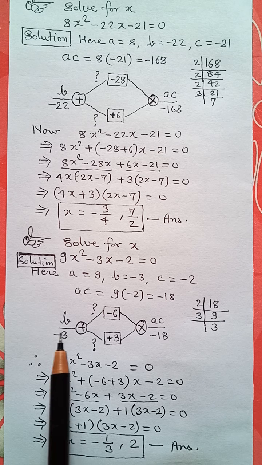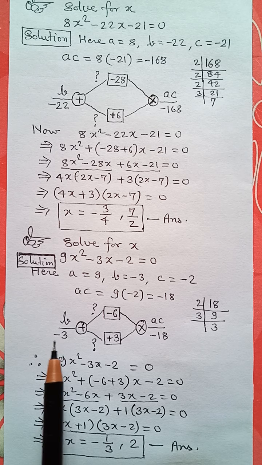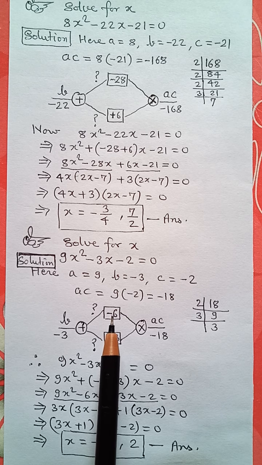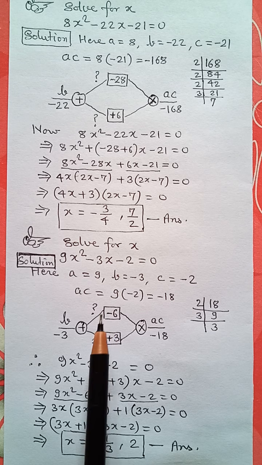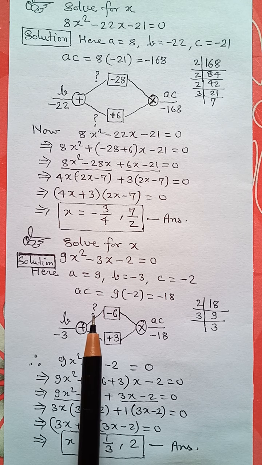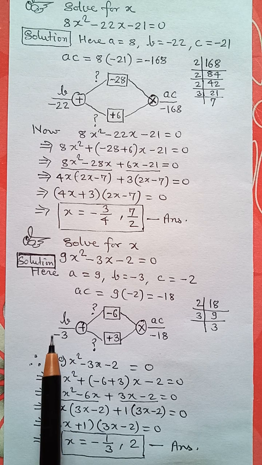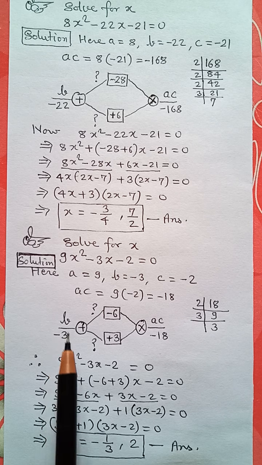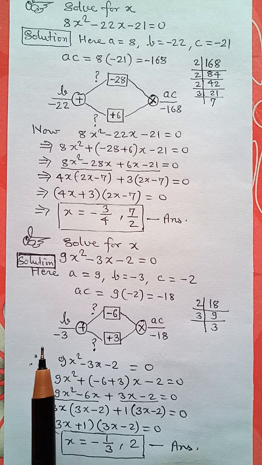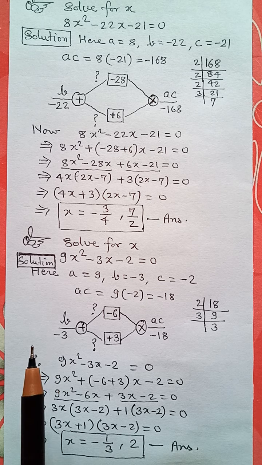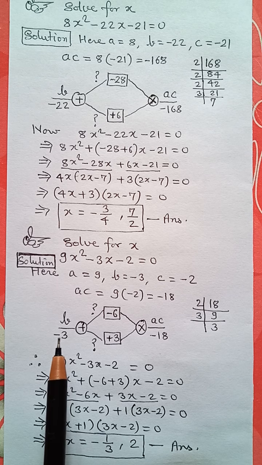Now here we see that this is a negative. Therefore the negative number must be greater in amount than this minus 3. Therefore one factor must be less than minus 3.